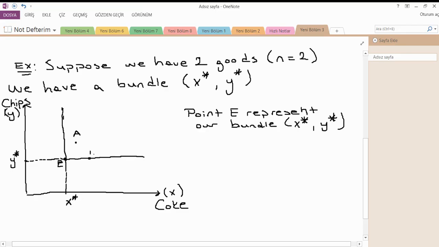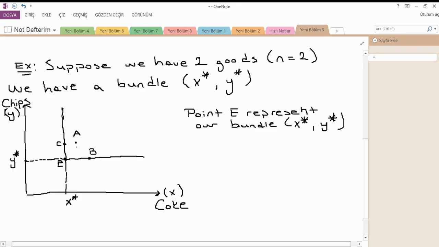Let this point be B point. Let's choose a point on C. Now let's have a look at these points. Will these points be preferred to our bundle or not? We will be looking at this.